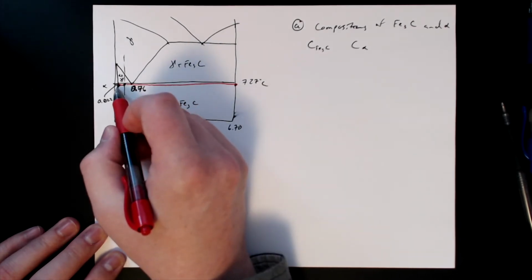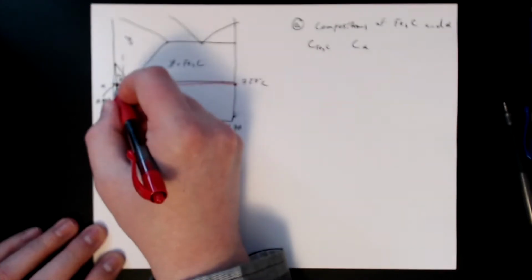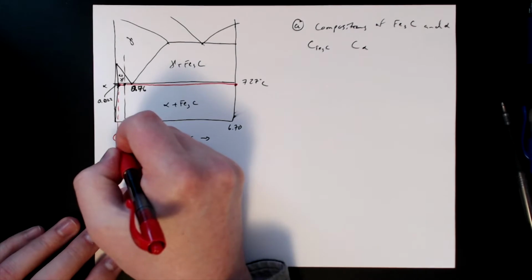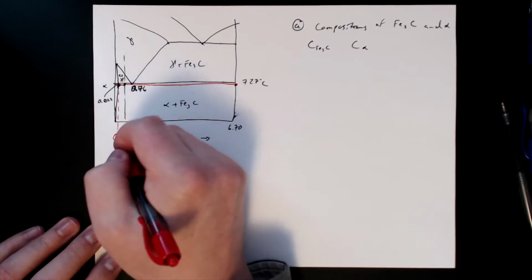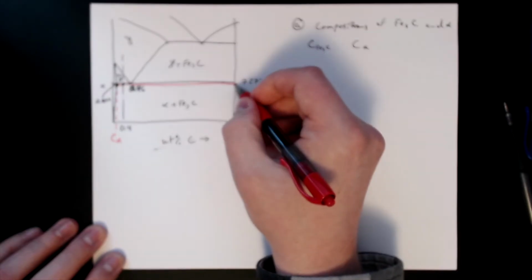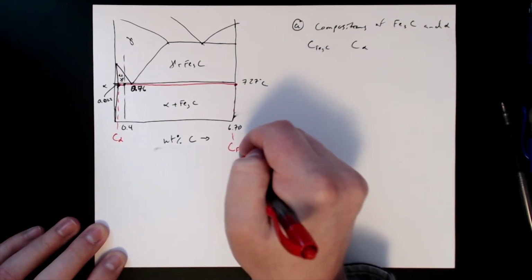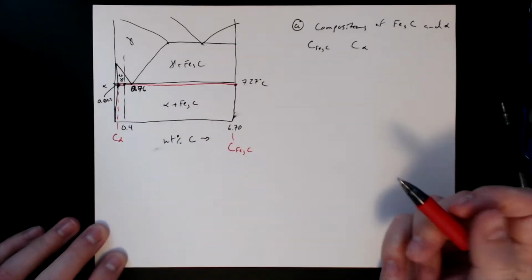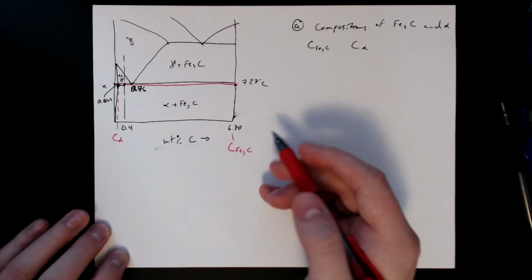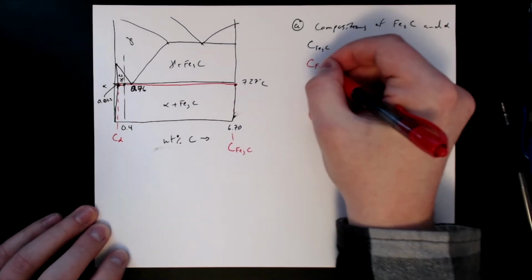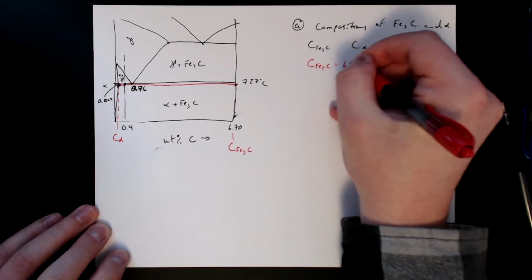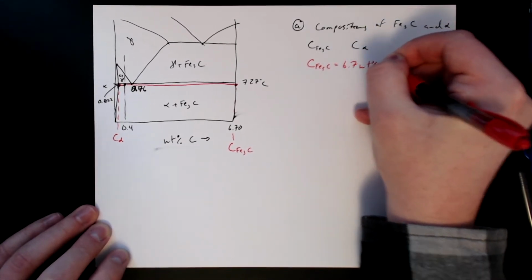This point right here is C alpha because we're right next to the phase field for alpha. And then over here, this is our composition of Fe3C. The composition of Fe3C doesn't change, so that is 6.7 weight percent carbon.